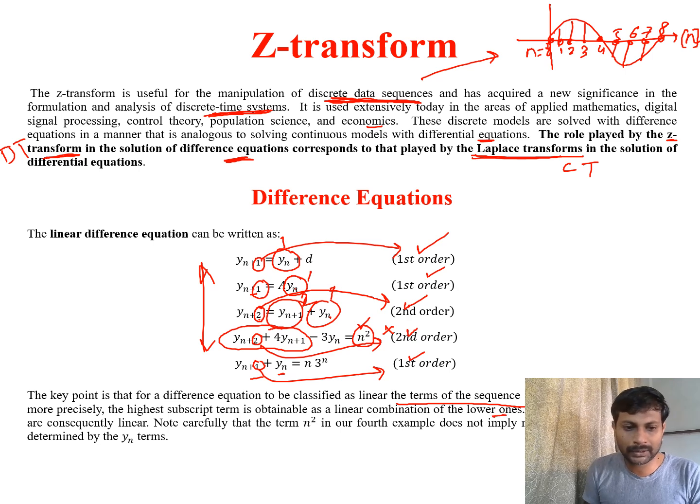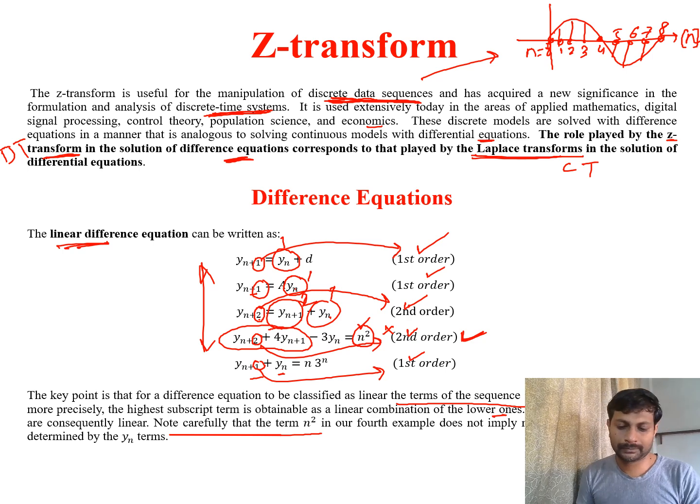All the examples cited above are consequently linear. Also note that the term n square in the fourth example does not imply non-linearity, since linearity is determined by the y(n) terms. The y(n) terms determine the linearity as well as the order of the equation.